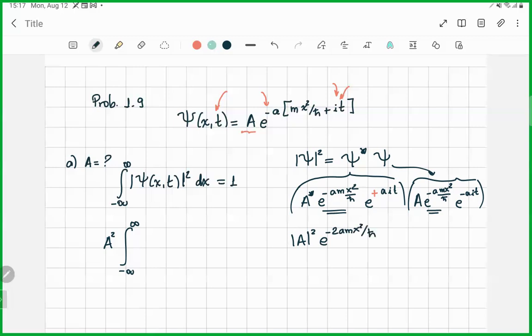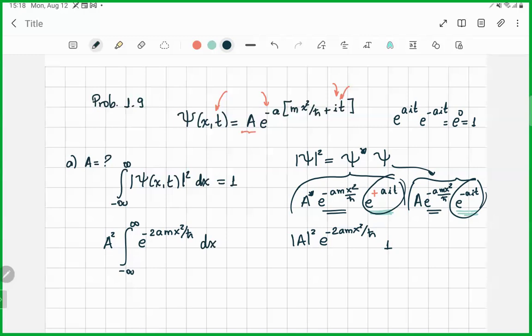Now, this exponential with this exponential, what we are doing there is i a t multiplied by minus i a t, which is exponential of 0. The exponential of 0 is 1. So when I look at the complex conjugate of this part, this is just 1. Okay, so this is what I'm going to put here in our integral. We have exponential of minus 2 a m x squared over h bar, and you see that the exponential with i disappears, and we have just this integral.